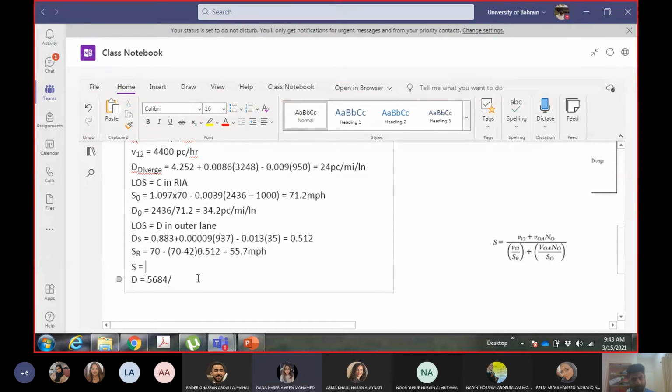How much? 61.4. And the density will be 92.5.